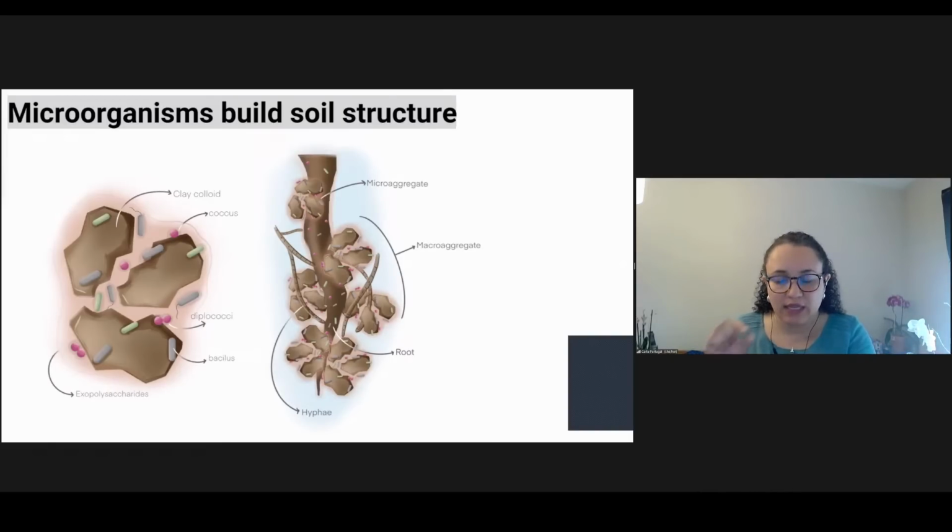So it's not a single layer of the web. We look at one tiny portion to understand what's going on, but we cannot lose track of the whole scenario. So we have microorganisms in different diversities, different groups, helping reorganize the organic material and shape up these little houses, let's call it this way, that will allow the whole soil food web to do their role, to do their job, and keep the soil structure healthy, which will translate into a healthy plant.